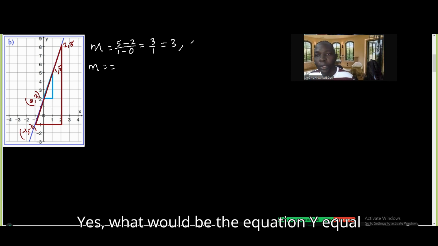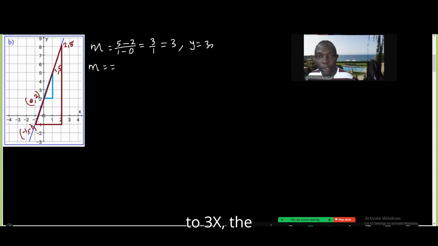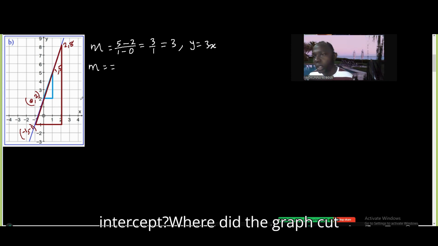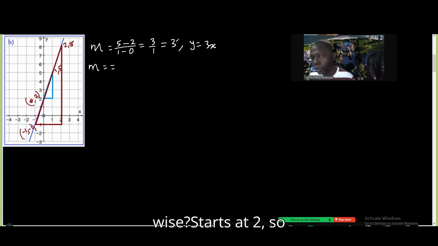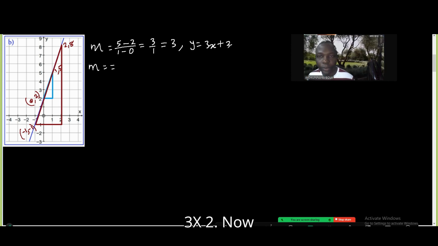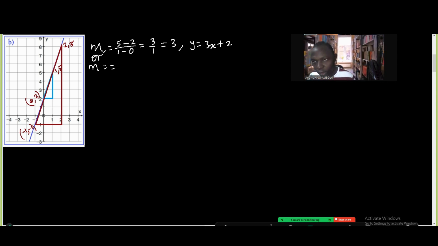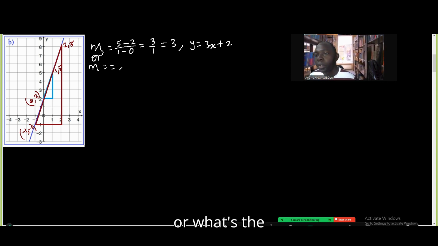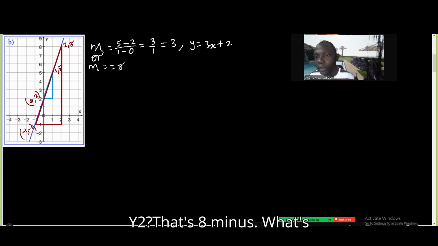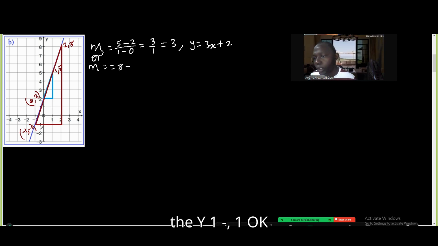What will be the equation? Y equal to 3x. The intercept, where did the graph cut the y-axis? That's at 2. So 3x plus 2. Now, if I use the second one, what's the y2? That's 8 minus, what's the y1? Minus 1, okay?